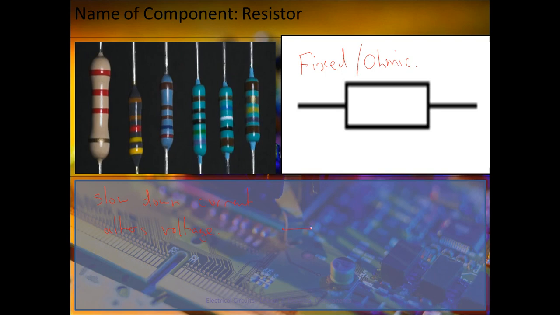So if you had a bulb in isolation, that would get all of the voltage as the current came through. So if we connect it to a 12-volt battery, because there's no resistors there to influence that current, all 12 volts should go to the bulb.